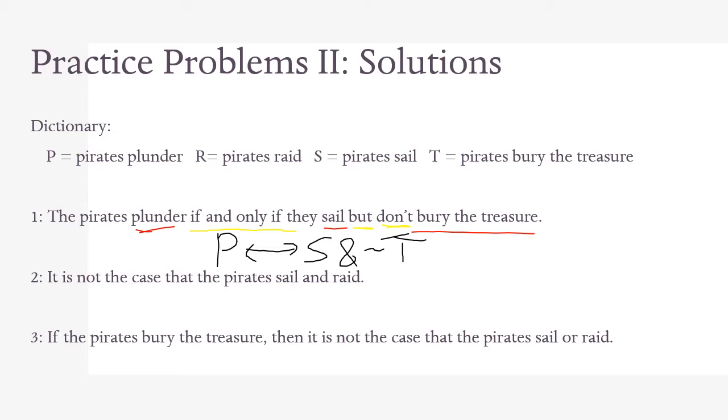On one hand, they sail, but don't bury the treasure. So I think the most appropriate way to symbolize it would be putting the parentheses around those two and leaving it like that. Without the comma, sometimes we have to use our intuition and read the sentence and try to understand what we think the meaning is that's being conveyed here.